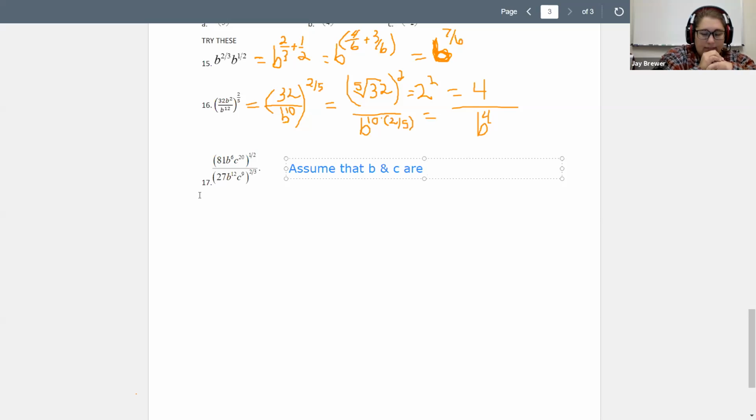I told you guys there was a difference with signs earlier between even roots and odd roots.